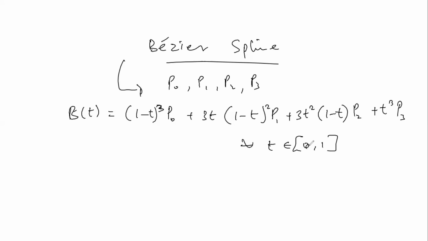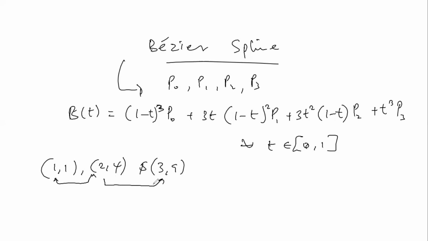And if we look at our example, where we have (1, 1), (2, 4), and then (3, 9), for us to be able to evaluate this, you will recall that we have an interval between 1 and 2, and then we also have another interval between 2 and 3.